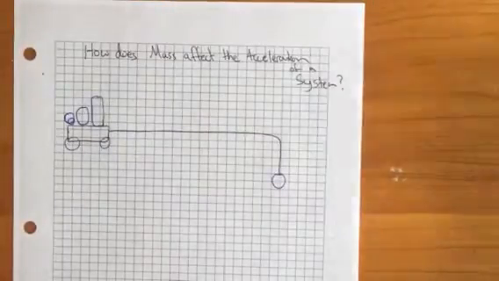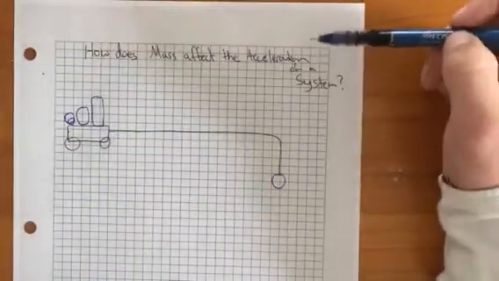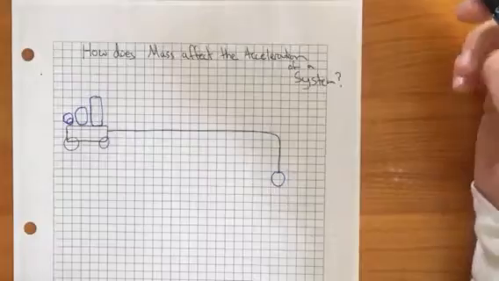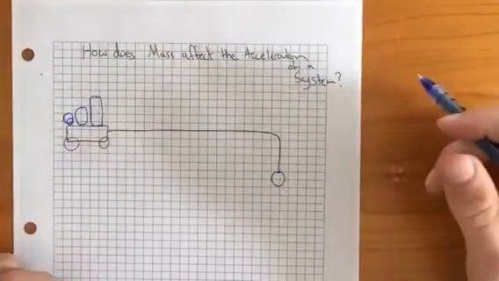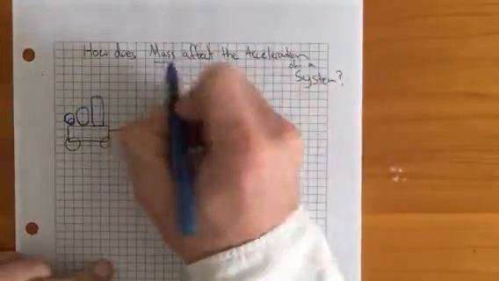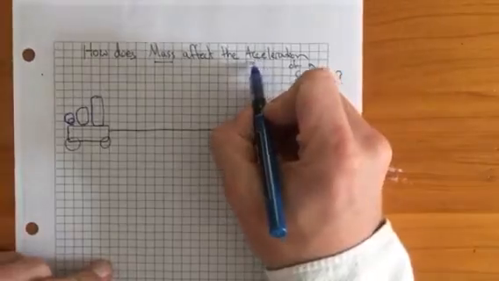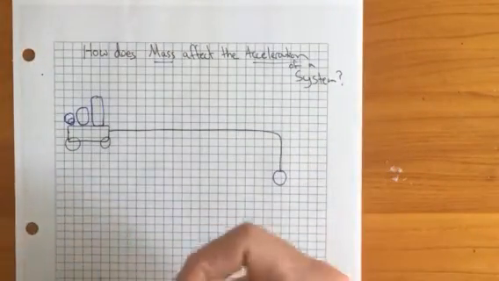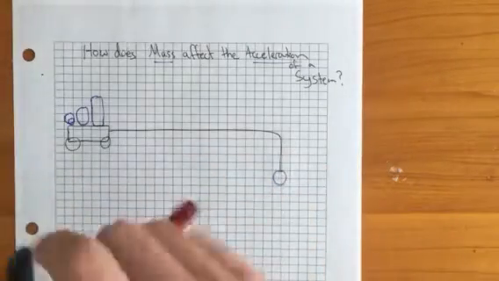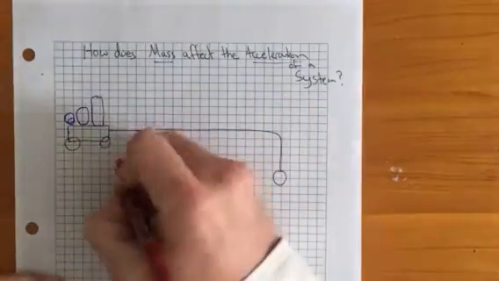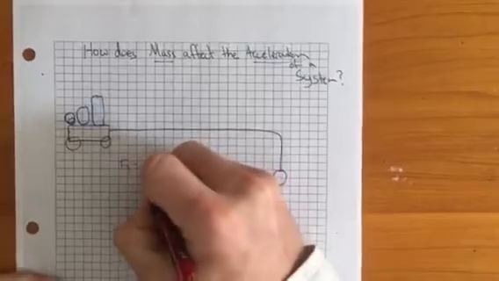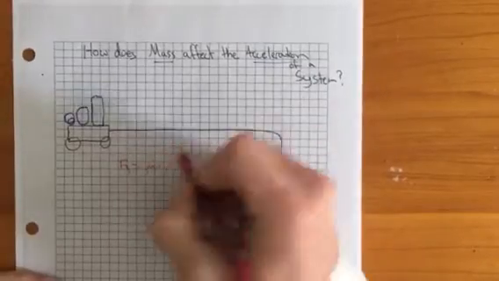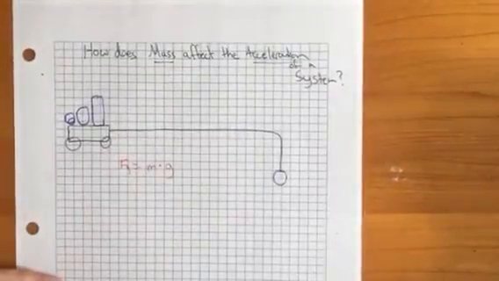Now, the other experiment: how does mass affect the acceleration of the system? Now we want to keep the force constant, but we want to change the mass, and our dependent variable is still the acceleration. So this one makes some sense to us. We know that the force due to gravity equals the mass of that object times the acceleration due to gravity.